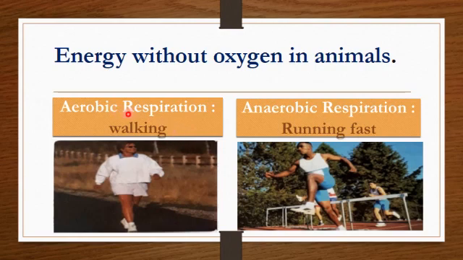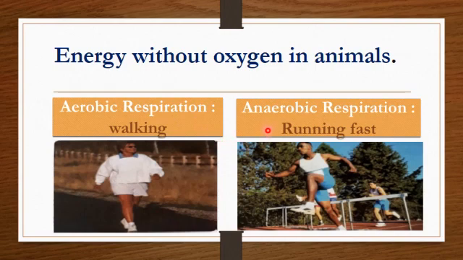So respiration is enough to produce energy to walk. Aerobic respiration is giving enough energy to walk. So an example of aerobic respiration is walking. During walking, animals, or human beings, and you also, respire aerobically.